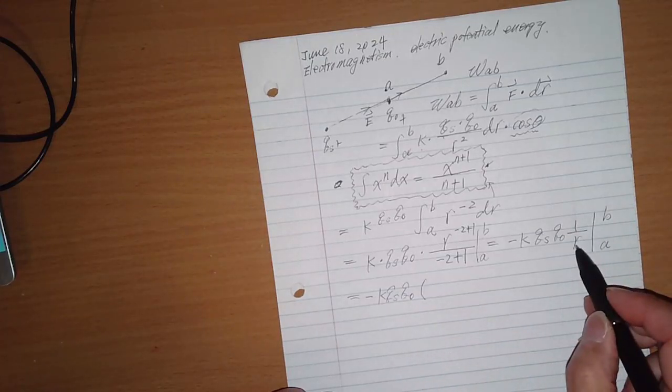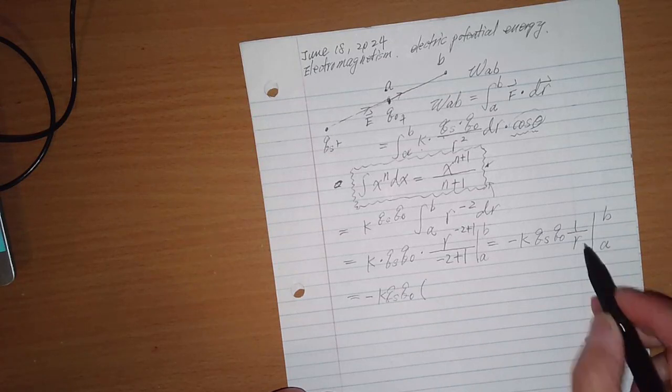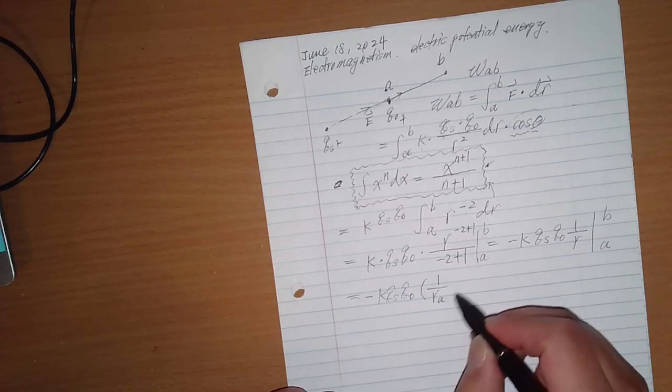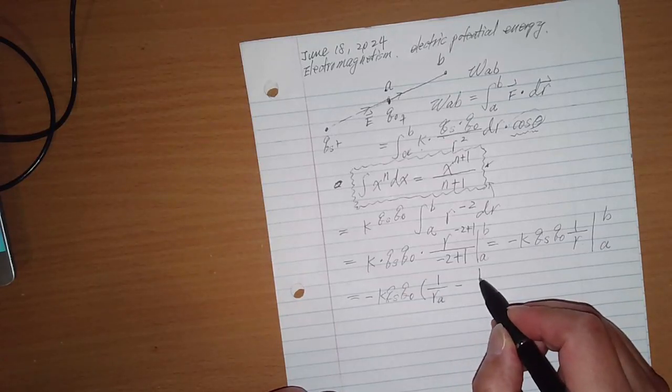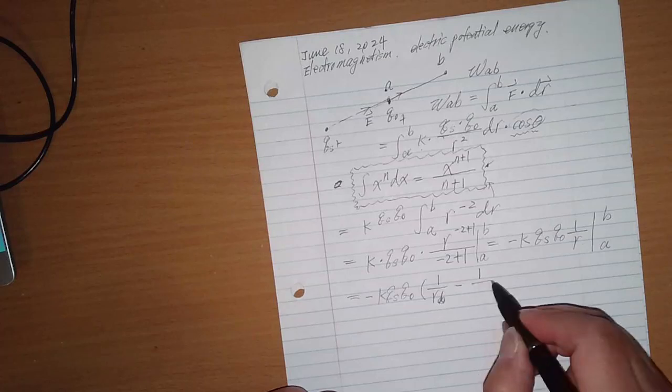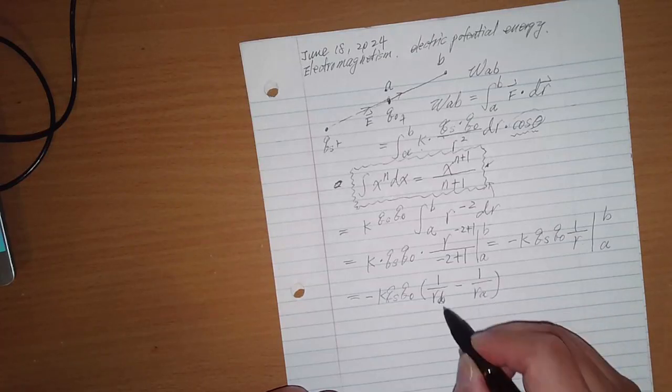We plug in this one first, and subtract that: 1 over RA, subtract 1 over RB, because this is the ending point, subtract RA.